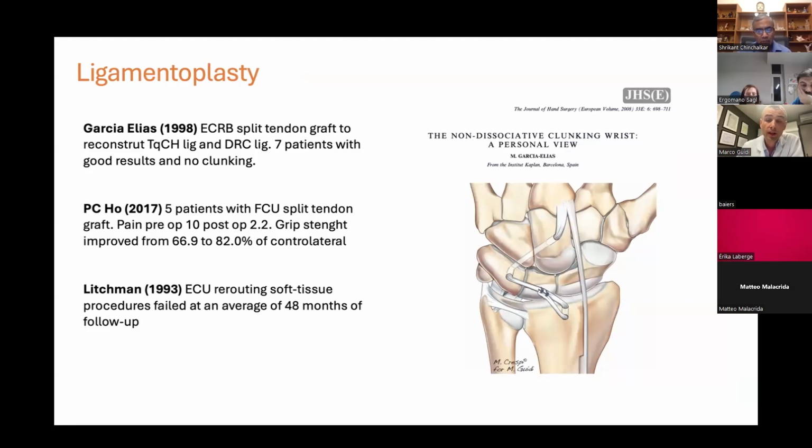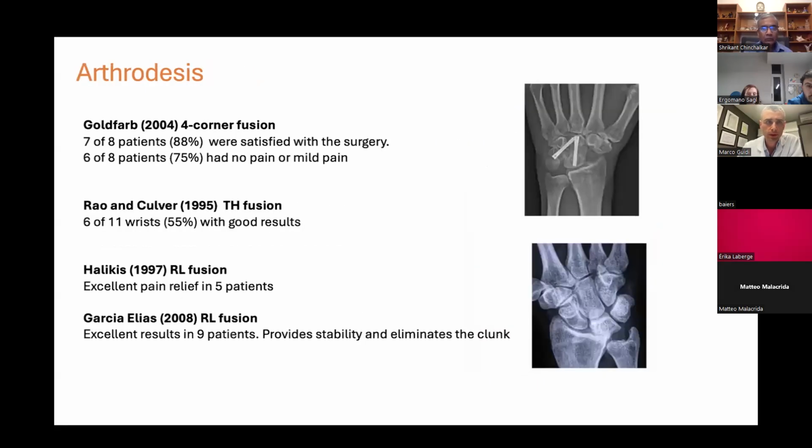But of course, we are cutting as well a huge part of our dorsal ligaments, and we are losing more proprioception. And PCO as well, and Lichtman proposed other ligamentoplasty. Lichtman didn't have a lot of good experience with this, especially with the extensor carpi ulnaris rerouting.